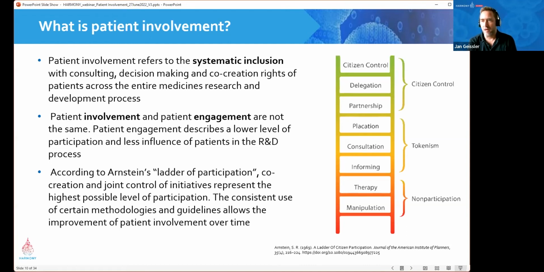And whether patients are just involved as subjects or they're being informed about what research is being done, they're really being consulted, whether they're being partners, or in the end, if it's citizen-controlled research, there might be different depths of involvement, and also at the same time, different levels of knowledge that the patient community needs to engage on that.